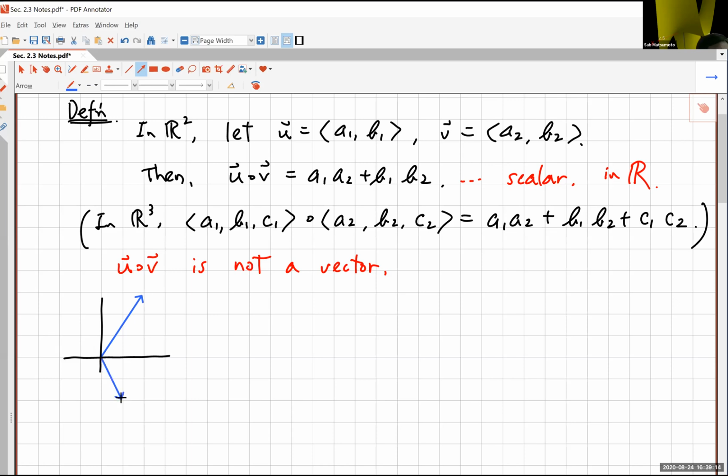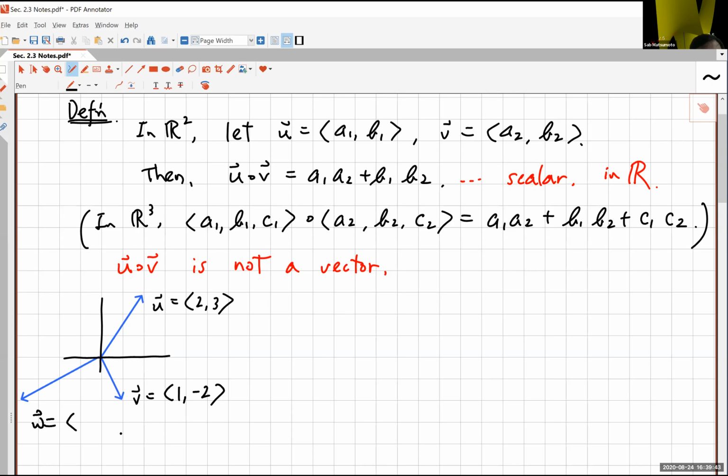And then (-4, -2), I guess I can do that. So I have three vectors here. U is (2, 3), my V is (1, -2), and my W is (-4, -2).